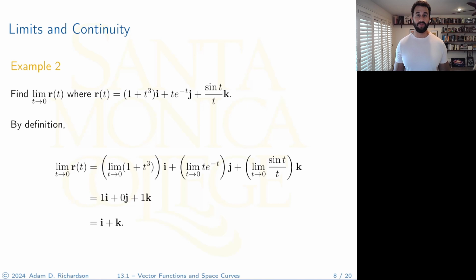You can use a geometric argument that proves it pretty nicely. So this limit exists, it's 1. This limit exists, it's 0. This limit exists, it's 1. So this is the limit vector right here, which we can simplify to i plus k. And that's the limit as t approaches 0 of r of t. So this vector function is going to this vector right here, i plus k.